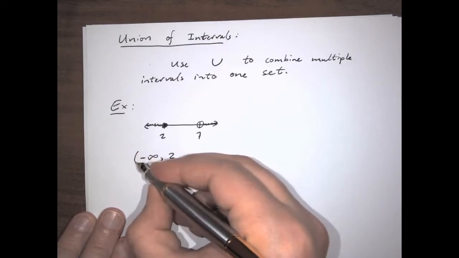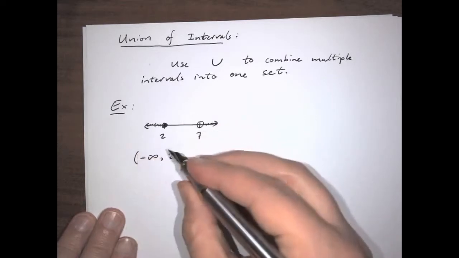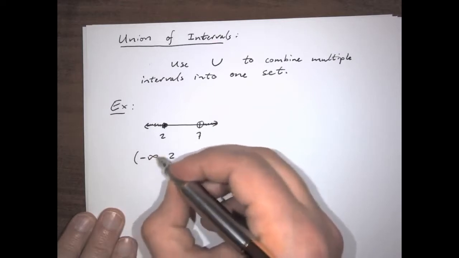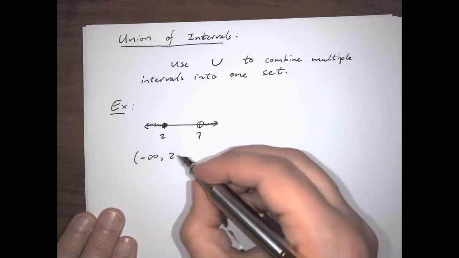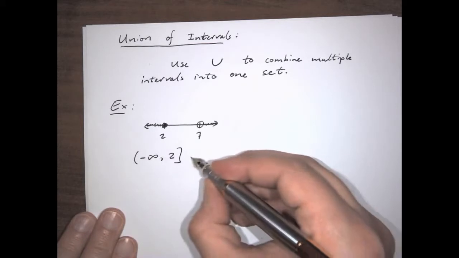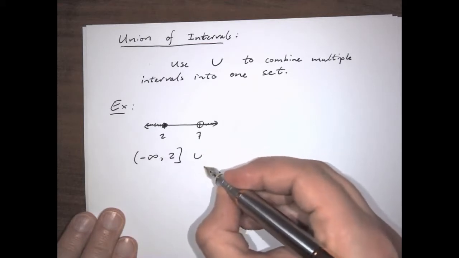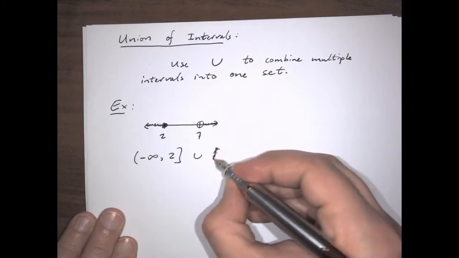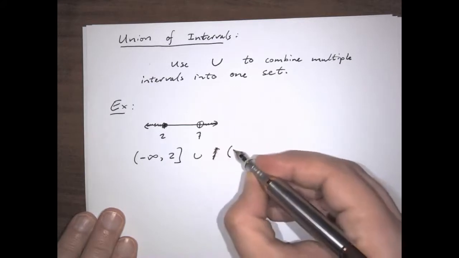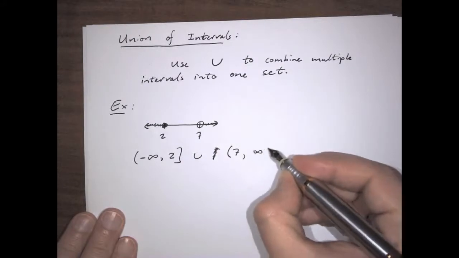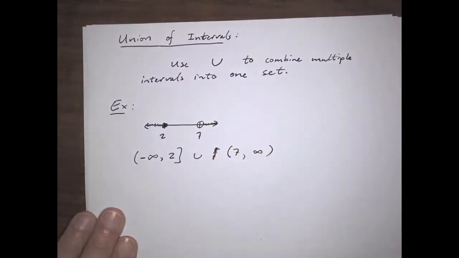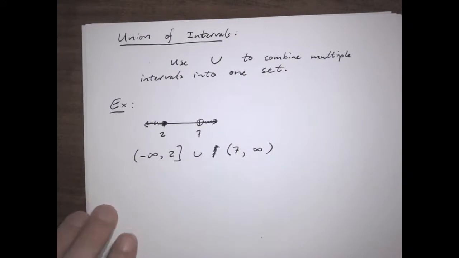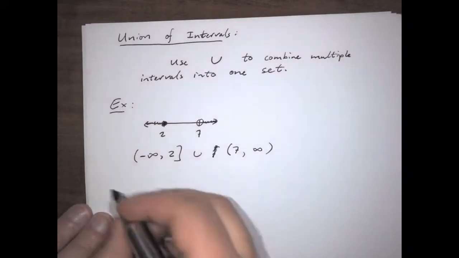We never include the infinities on the open-ended ones because there is no actual end point that ends there. And then the 2 is included, however. And then we do a U, and then 7 to infinity. Okay, so this is how you combine two intervals.